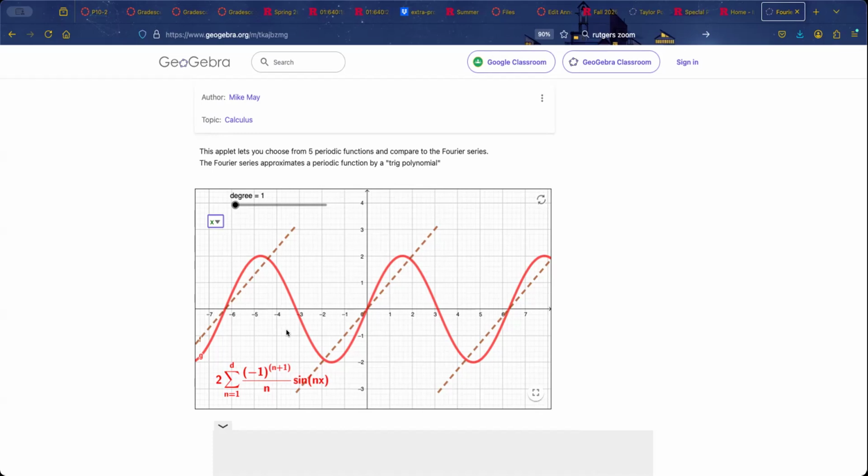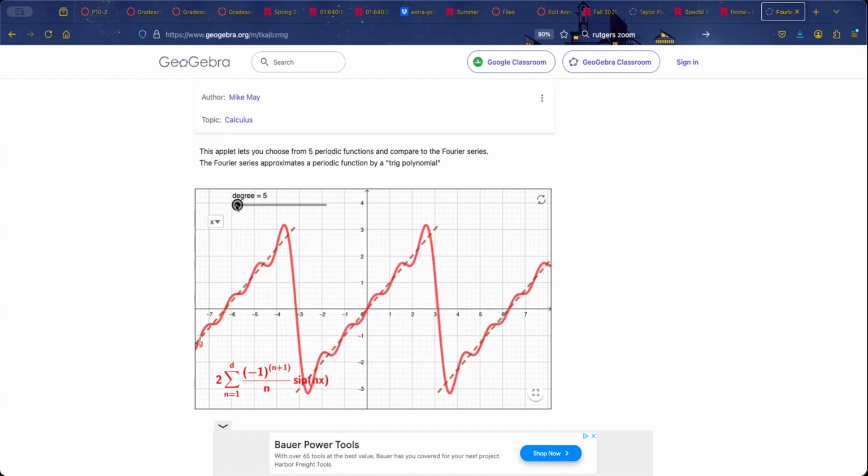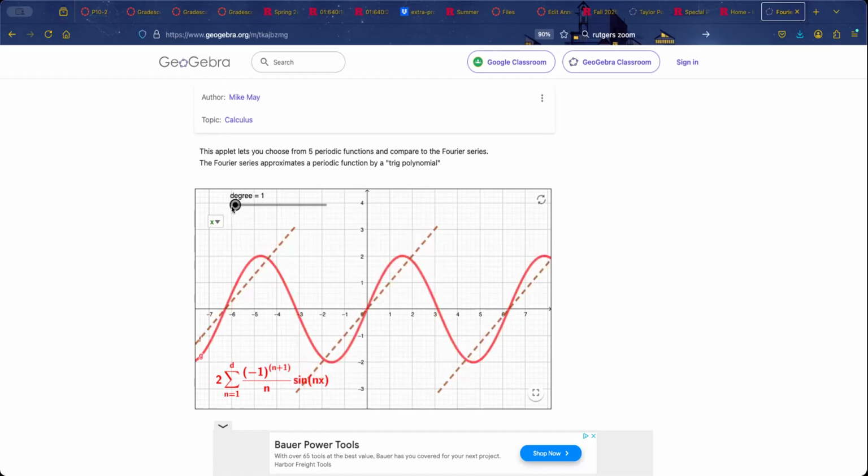This is the formula for it if you were interested, but it's cool to see what happens if you include more and more terms in the expansion. So here they're adding the first term. When you put n equals 1, you just have a sine, but then if you keep adding things, you'll see the sum of more and more sines.